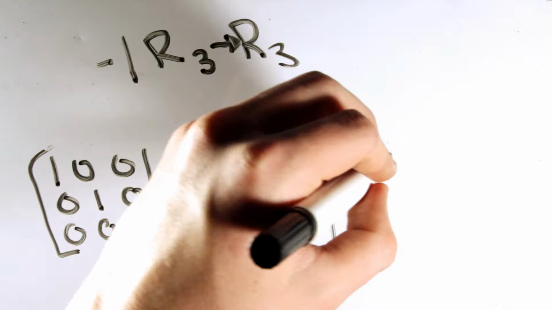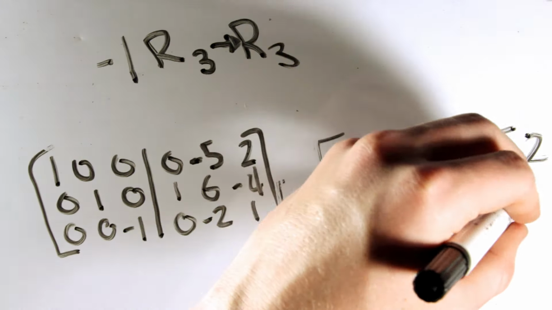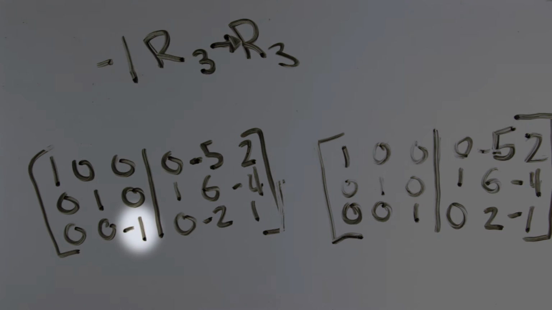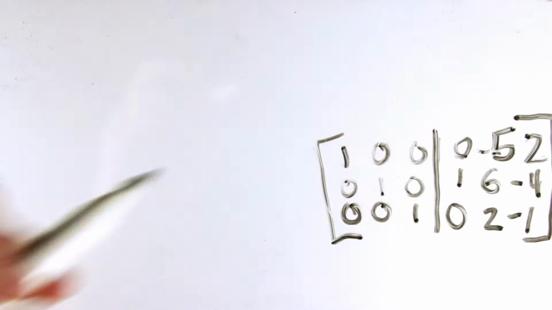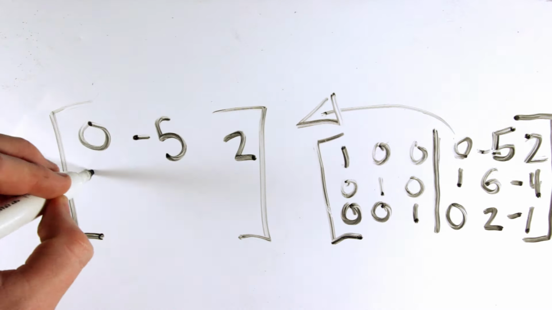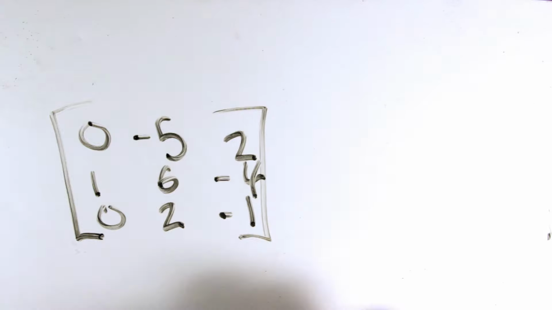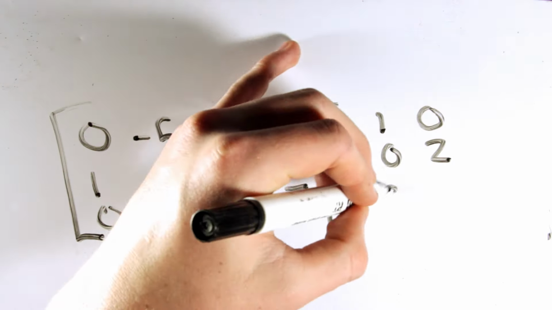And finally the last step is to negate row 3, changing the negative 1 into a 1. And finally, we have our completed inverted matrix. And here's the equation to show that.